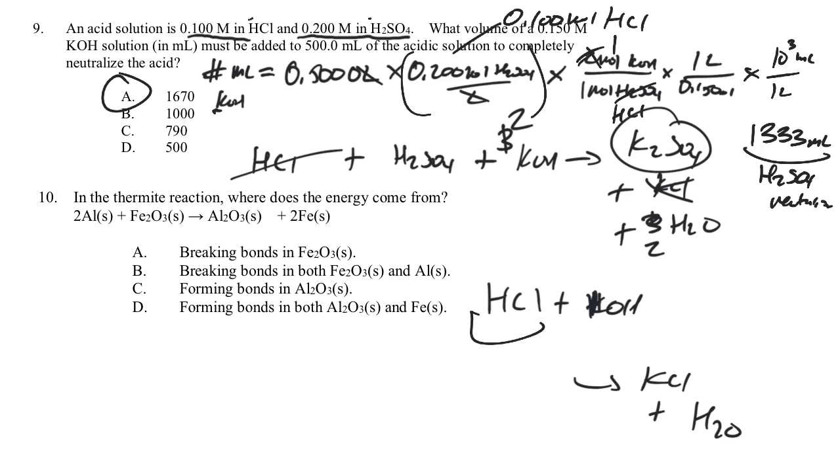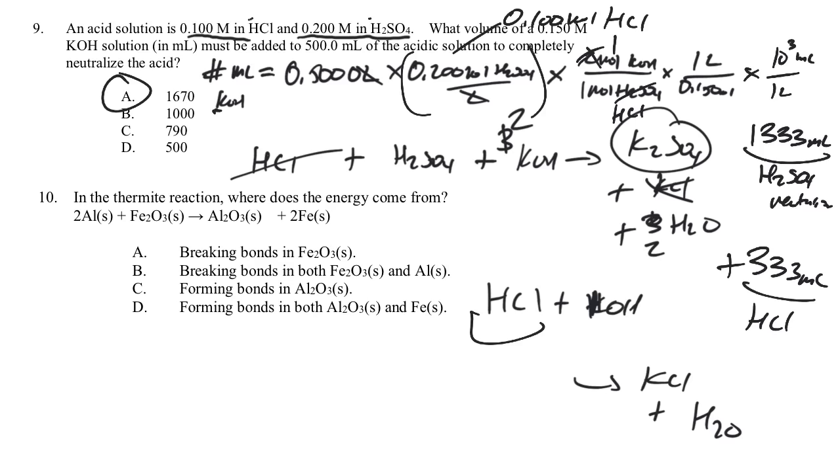So if I go 0.5 times 0.1 times 1 divided by 1 divided by 0.15 times 1,000 milliliters in a liter gives me 333. So 333 milliliters to neutralize all the HCl solution.